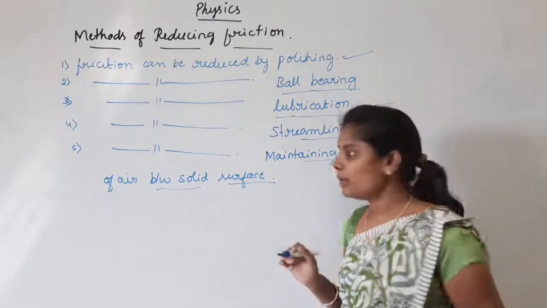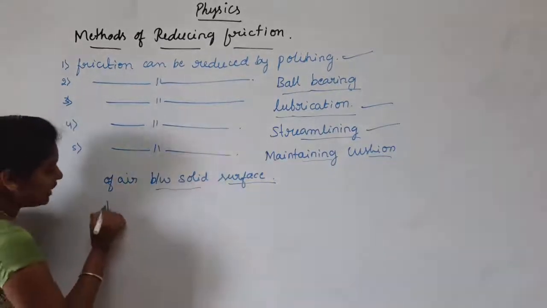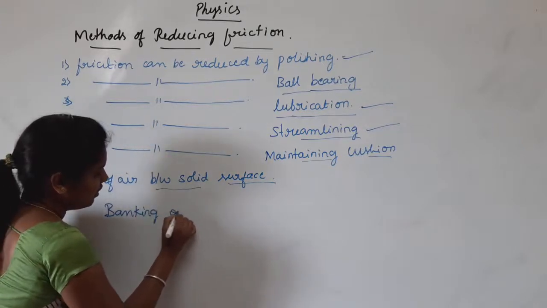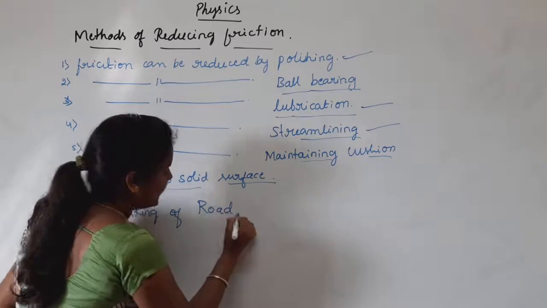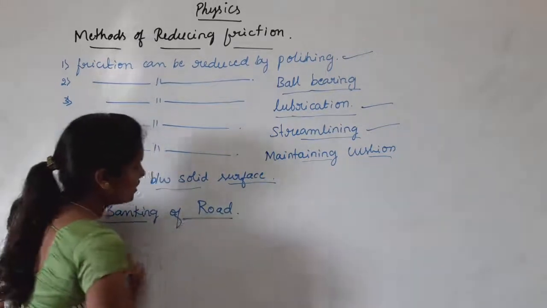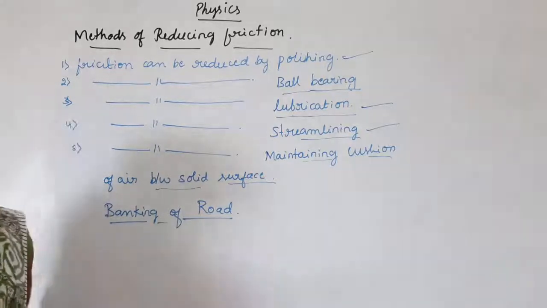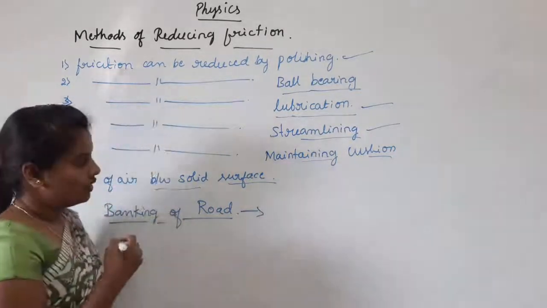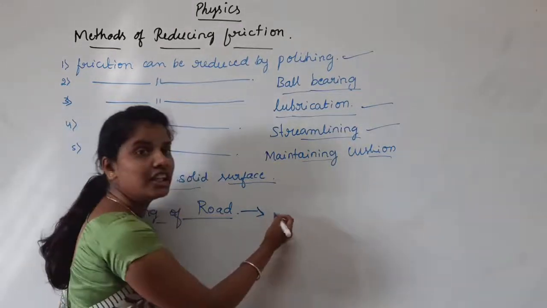And the next topic is banking of road. Banking of road: when a cyclist travels or moves along a curved path, he tends to divert inward.